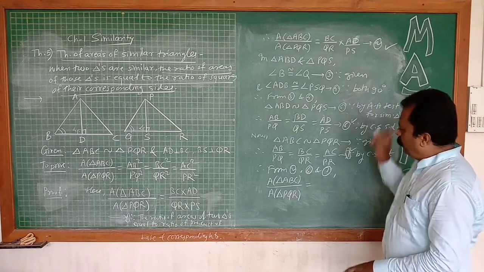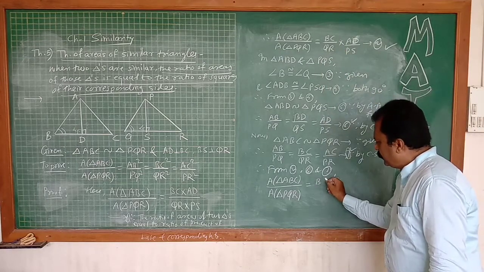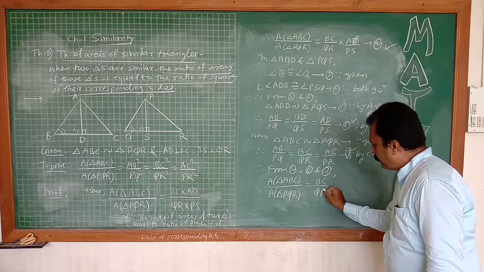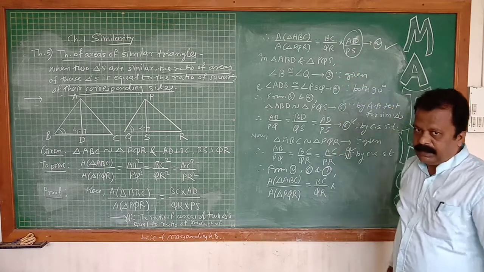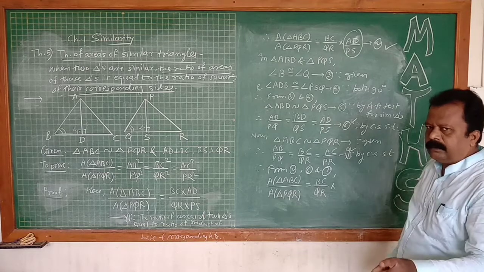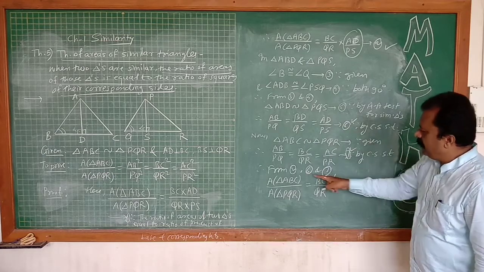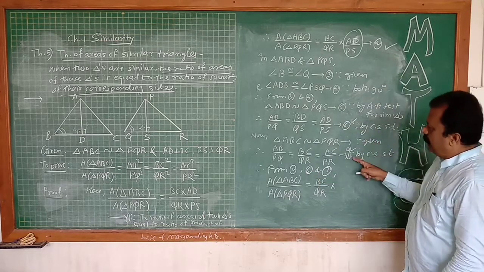Now BC upon QR I am keeping as it is, multiplied by. Instead of area upon PS, I am writing BC upon QR directly, because we have mentioned here 2, 6 and 7.